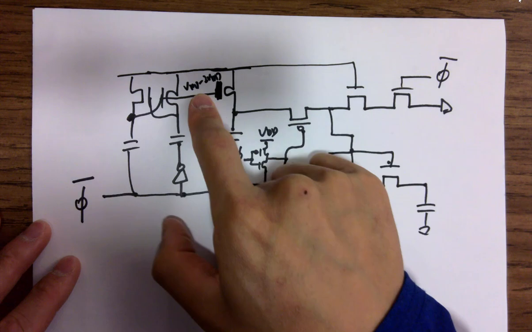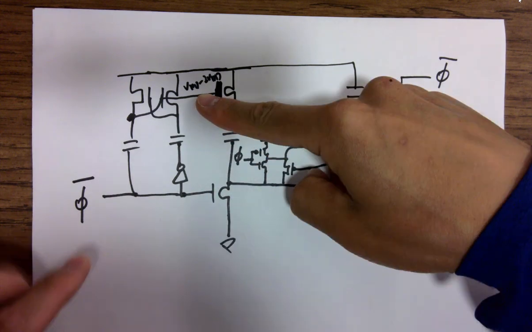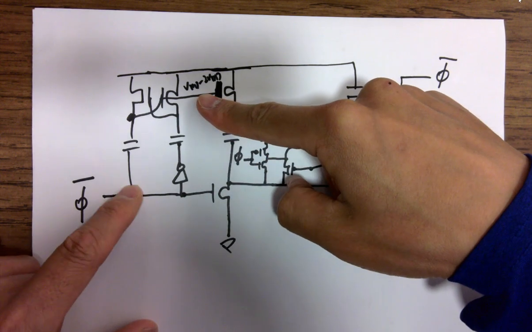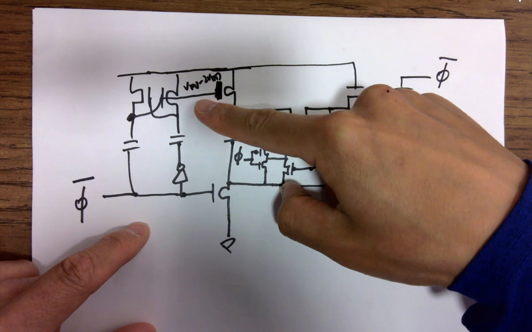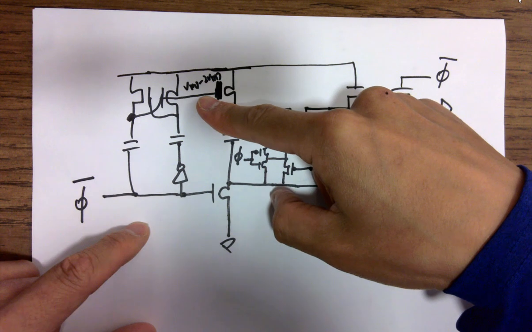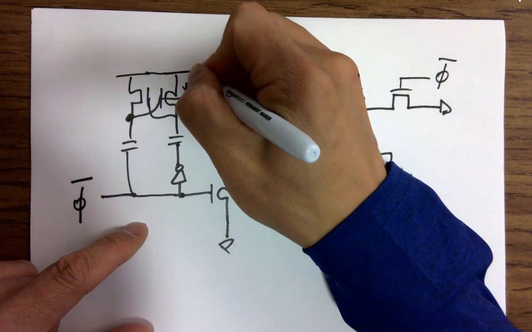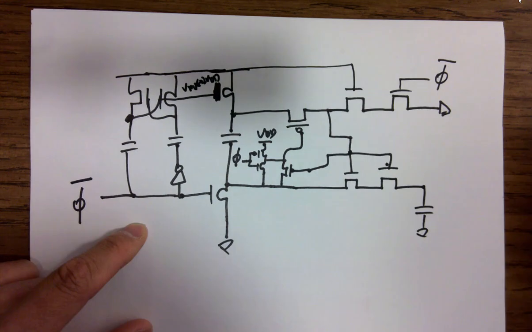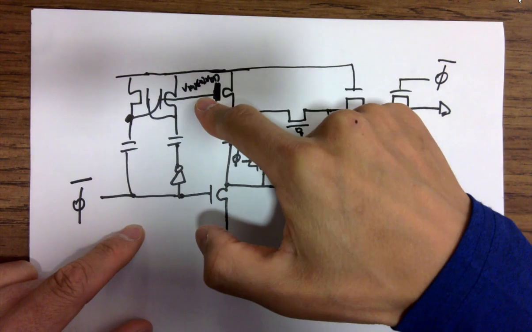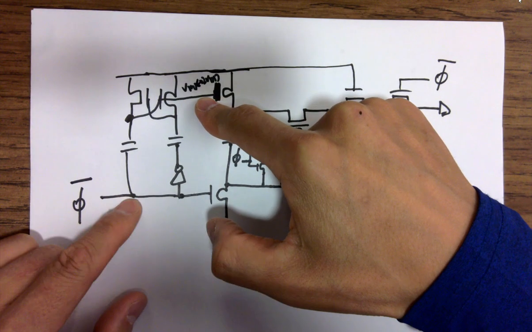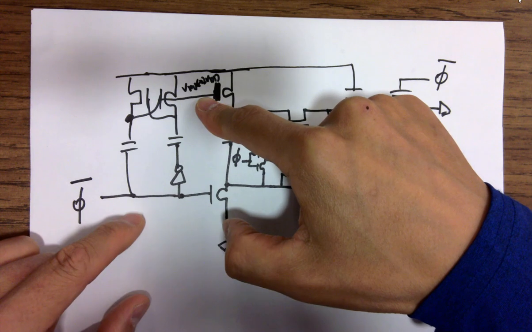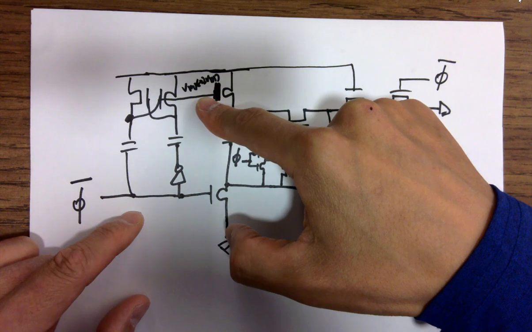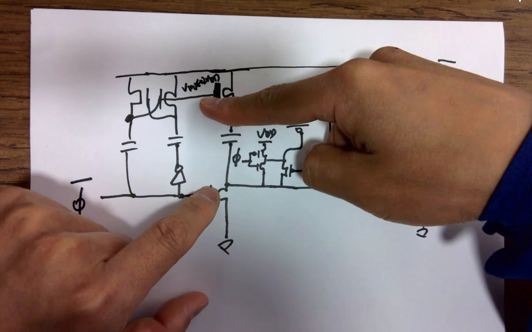So if this point is VDD, what's going to happen? So this phase is what? It's pulling, right? If here's 1 VDD, this guy is pulling. It's a falling edge. Okay? This NMOS is on or off?